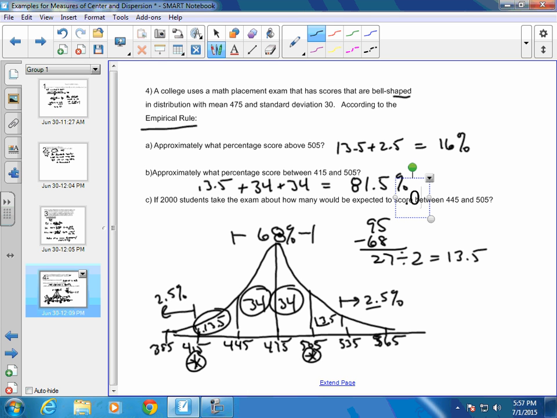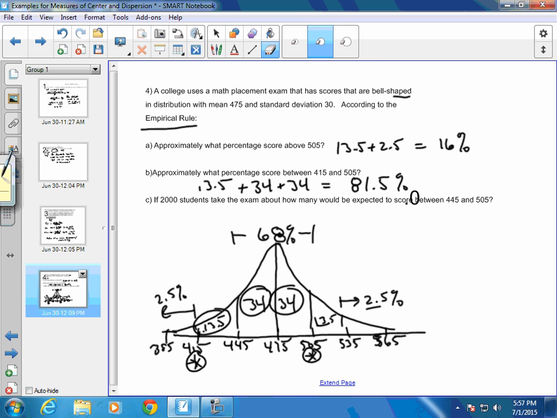All right, the last one here is different. It's not asking for a percentage, but it says if 2,000 students take the exam, about how many would be expected to score between 445 and 505? Well, we found the percentage in part B, where 81.5% scored between 415 and 505.